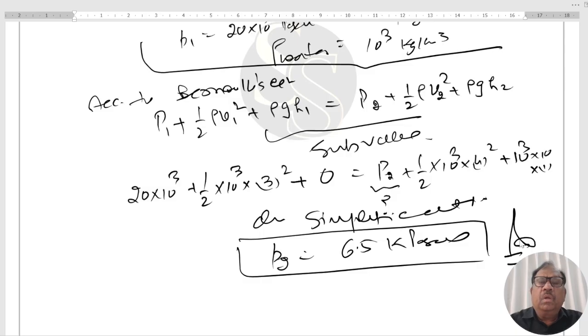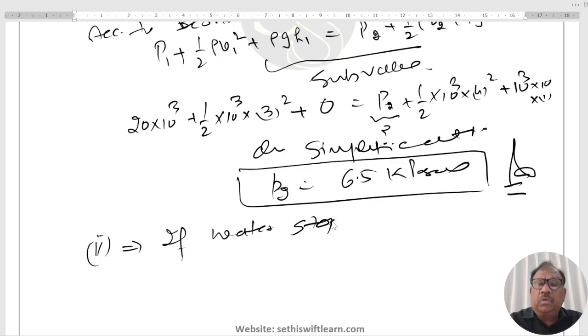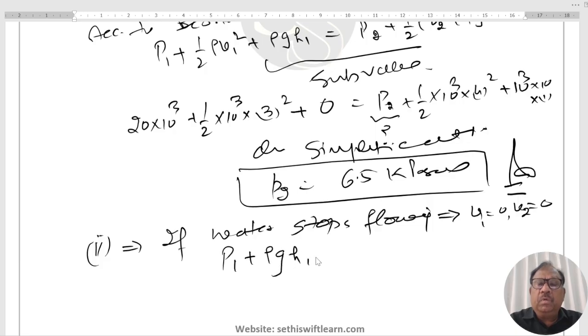Alright. Now we have to go for second part. In second part, if water stops flowing, that is V1 equal to 0, V2 equal to 0. Then in that case, P1 plus rho G H1 equal to P2 plus rho G H2.